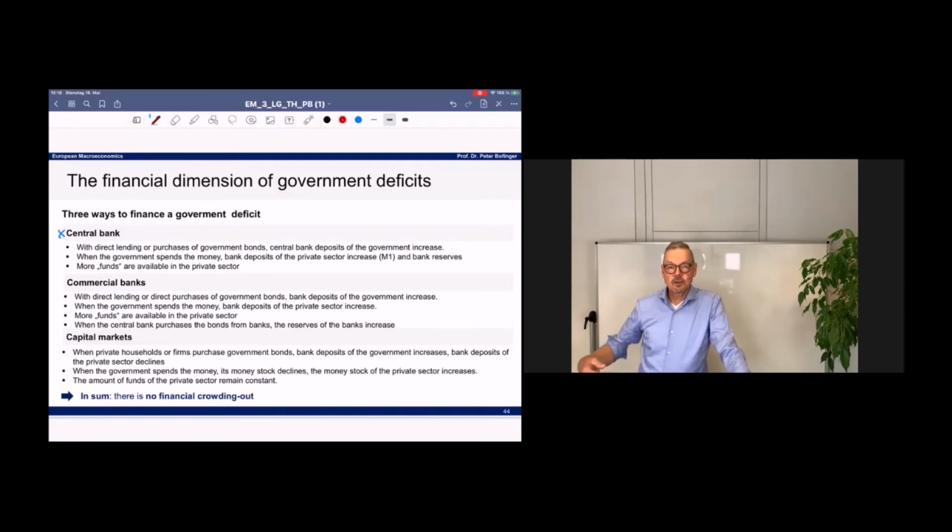No, the government of course uses the money immediately to make transfers to the private sector, to private households, or to purchase investment goods from companies. And so immediately the bank deposits of the government decline and the bank deposits of the private sector increase.